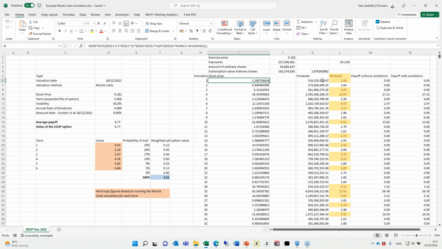And then we start recalculating what are the proceeds of the exit, what is the multiple reached. And then based on the multiple reached, what is the payoff? Payoff will in that case be the fair value. So I have a multiple. In that case, below 2, there are no options granted. So the payoff is 0 because I didn't reach the target.